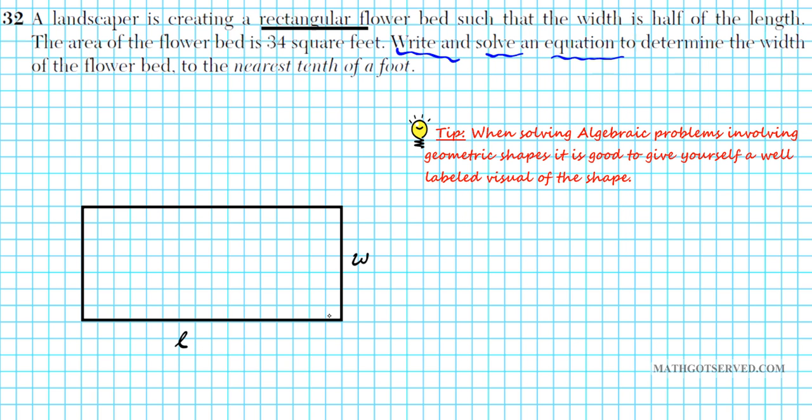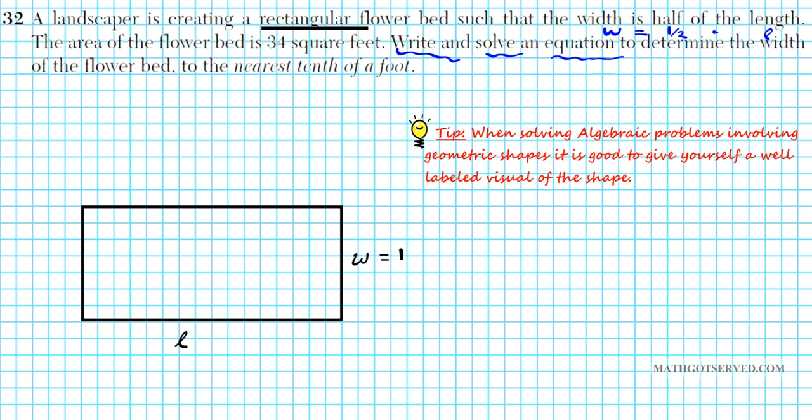Now there's a special relationship in this problem between the width and the length. We're told that the width is half of the length. Width, W, is equal to 1/2 of the length L. Okay, so what do we place for W?